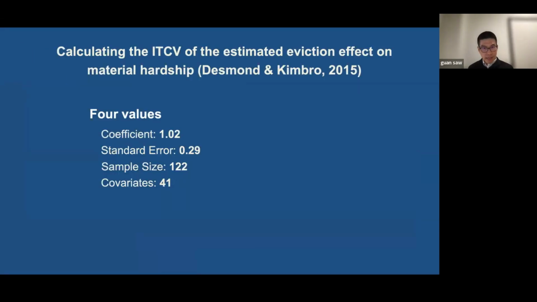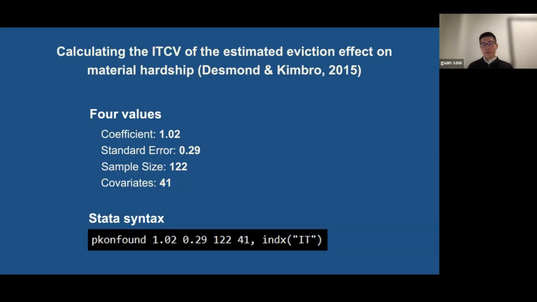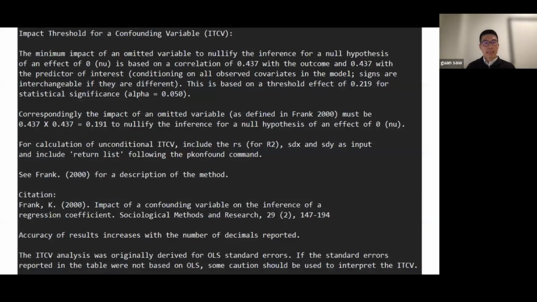So these are the 4 values from the estimated model. We can use the pconfound command to calculate ITCV for that particular estimated effect. Once you run the syntax on the screen, this is the output that you would see in Stata.